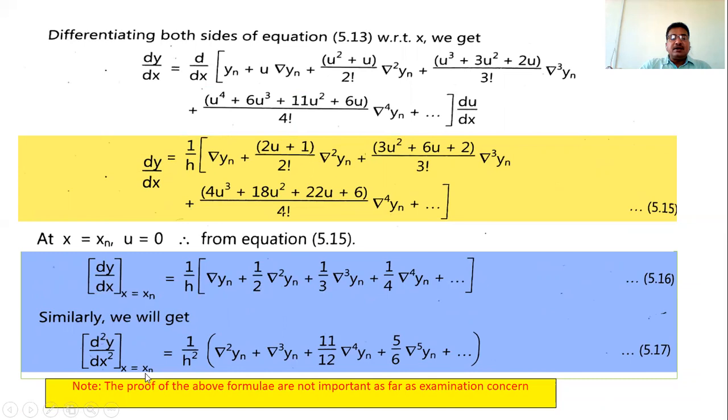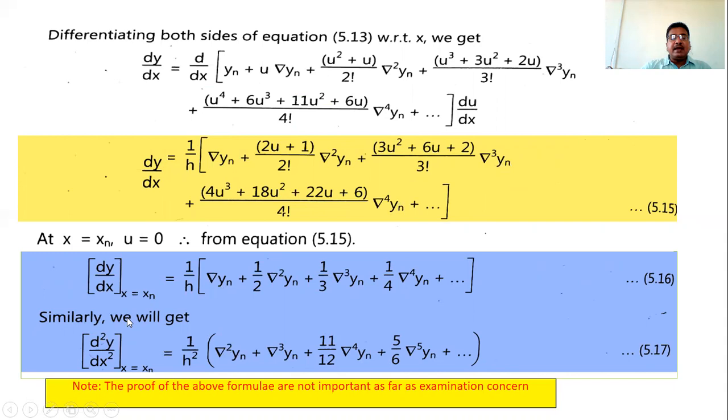Similarly, for the second order derivative at the last point, if we differentiate this equation again, then we have the general second order derivative, that is d square y by dx square is 1 by h square, and then this is the 0, this is the 1 del square yn, and we have here 2 by 6u plus 6 by 3 factorial del cube yn and so on.